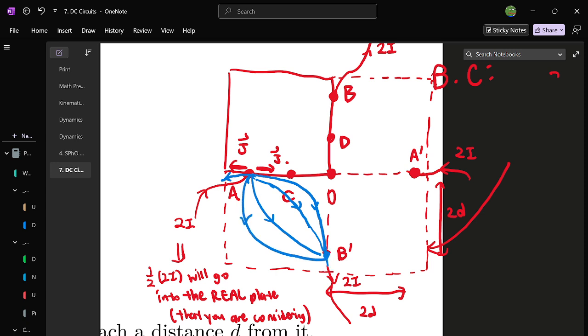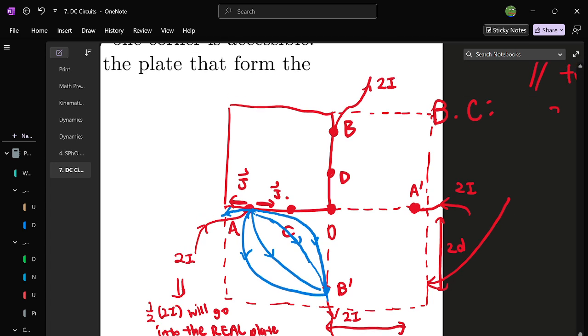Then for the real side, it's going to look like that. But it's something like that. You can mentally complete the rest of the image, hopefully.